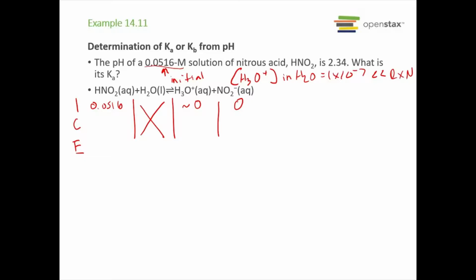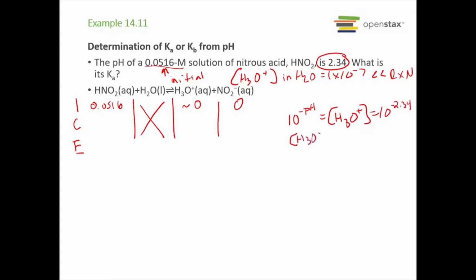Now we can figure out, though, what our concentration of hydronium is once we've hit equilibrium because we're given a pH. So we know that 10 to the negative pH gives us H3O+. So then we have 10 to the negative 2.34.